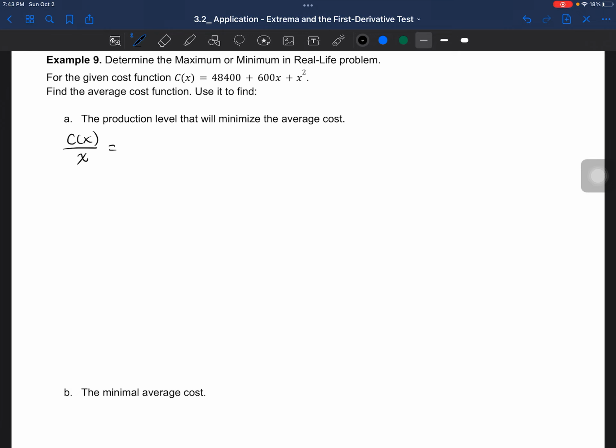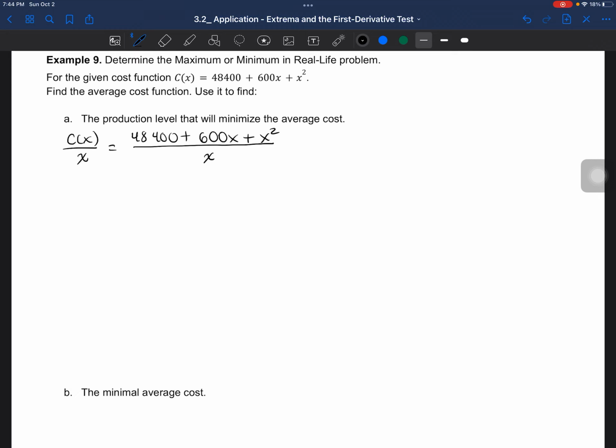So we're going to take the total cost function, which is 48,400 plus 600 x plus x squared, and divide it by x. And to minimize this, we need to find the critical number, and then make sure that the critical number happens to be a local min, and make sure that local min is the absolute min.